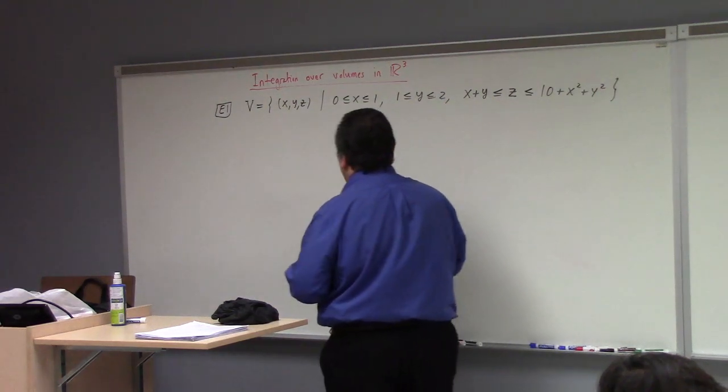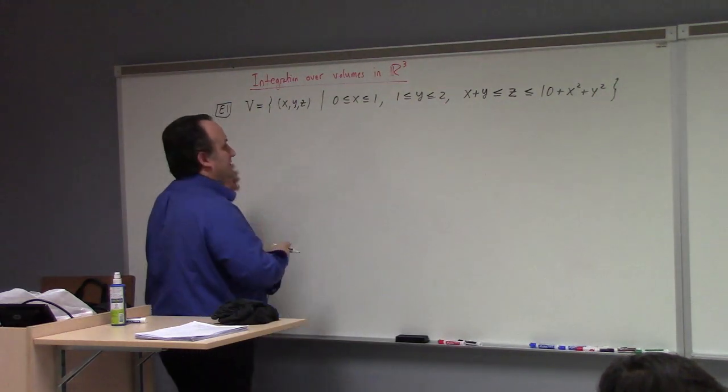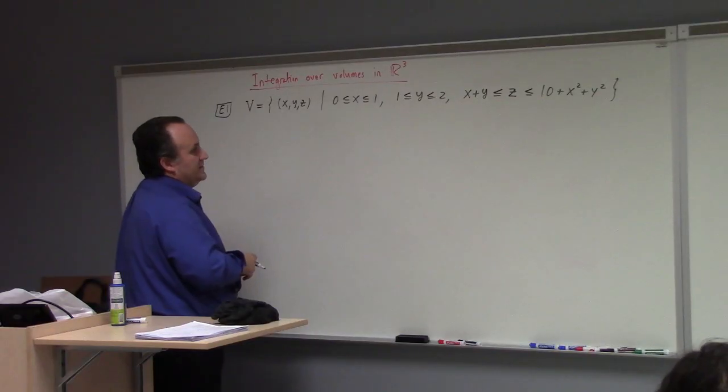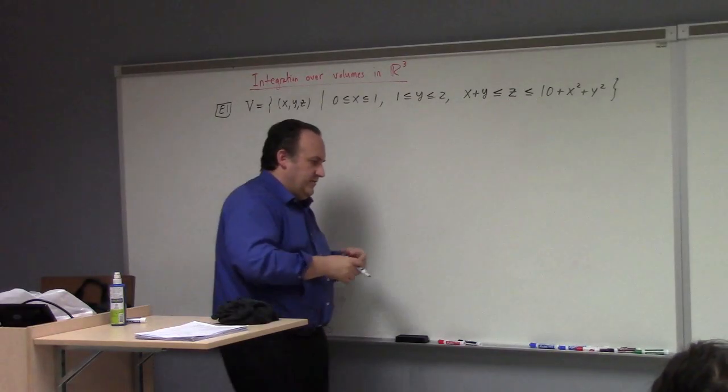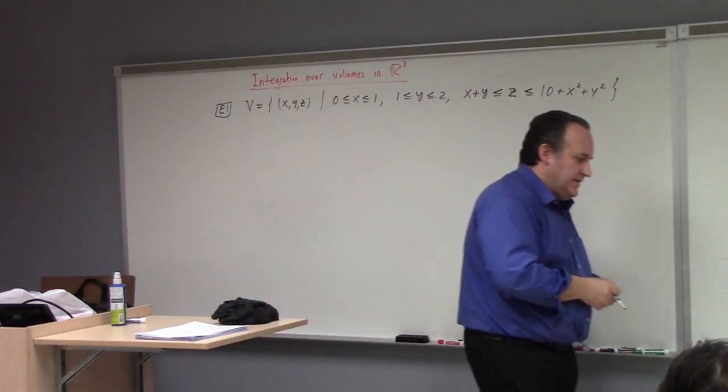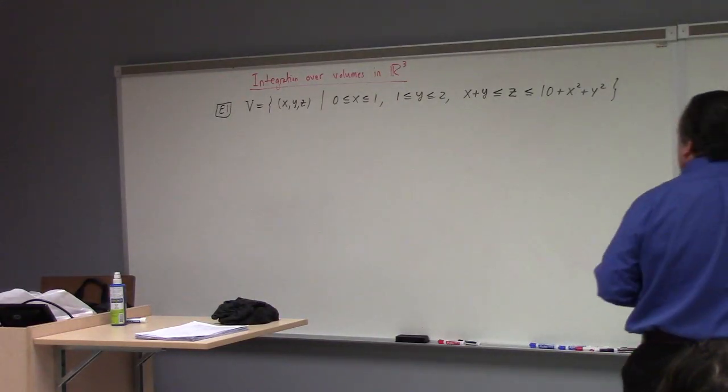All right? So if this is the volume that you're talking about, this particular region, how would we set up a triple integral over this thing?